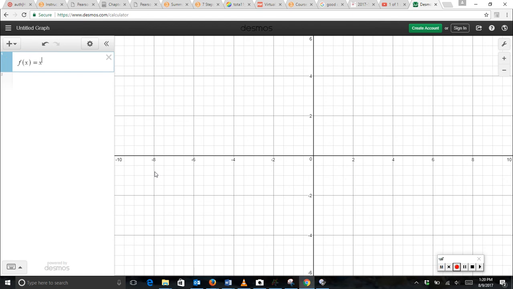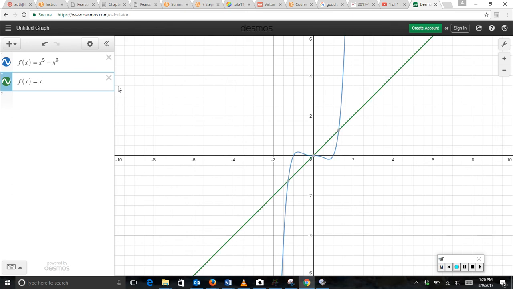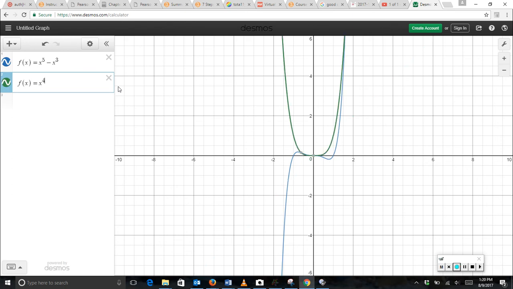So if I go x to the 5th power minus x to the 3rd power, it still has that rotational symmetry. And if I do any combination of even powers, like say x to the 4th minus x to the 2nd power, that green graph has the symmetry over the y-axis.